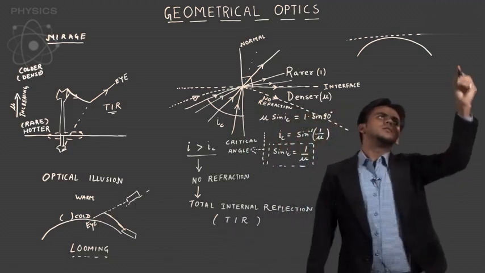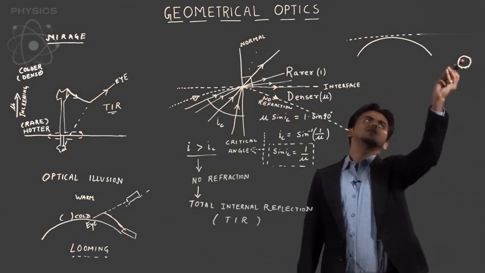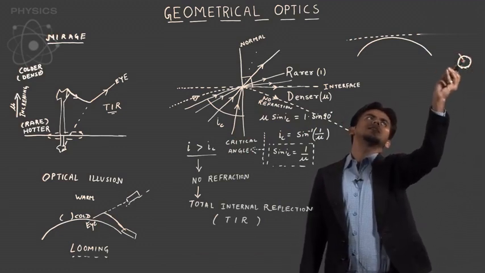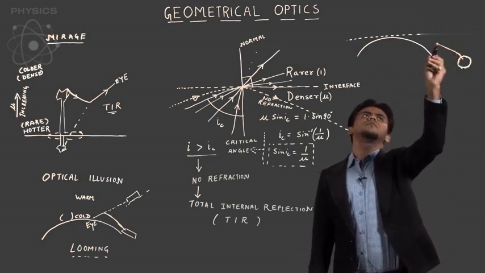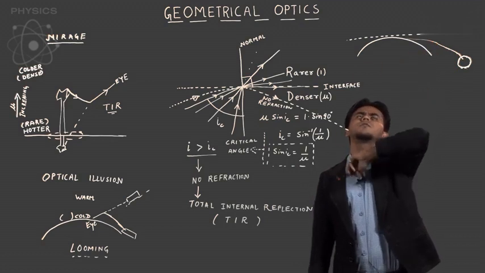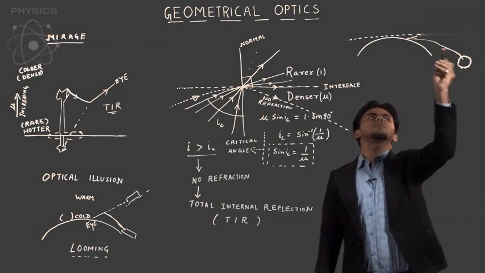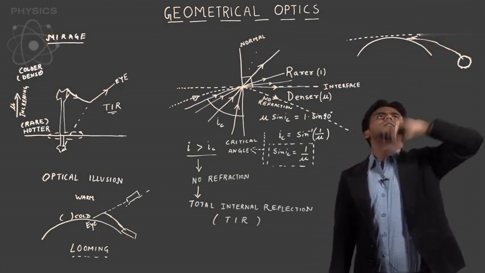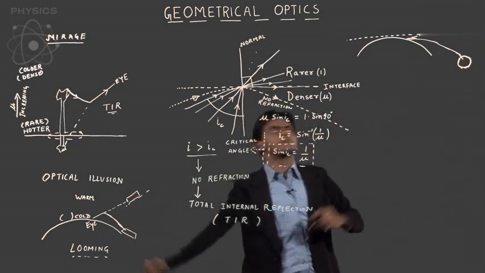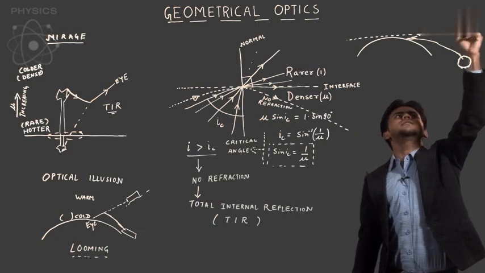So if you have a sun over here, rays would try to come like this and gradually bend away from the normal, and it would suffer TIR at one point. And this diagram is not proper obviously, but just understand that it is suffering TIR, and a similar sort of thing is happening over here. So you see your sun over here.